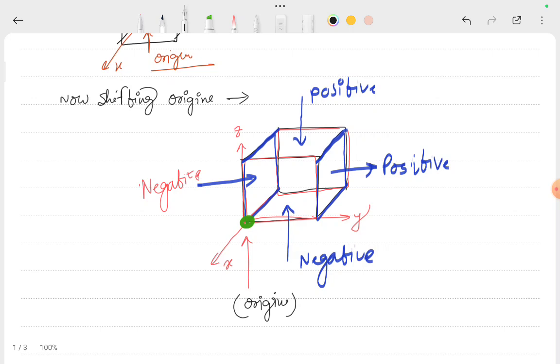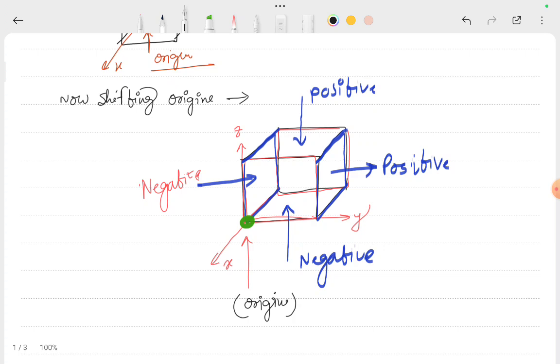So for sketching negative Miller indices we always take the origin here, and for positive Miller indices we take the origin at other points. So for negative Miller indices we always shift the origin, and then we sketch them in solid state physics.